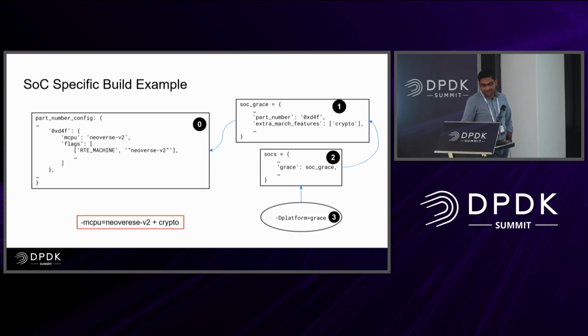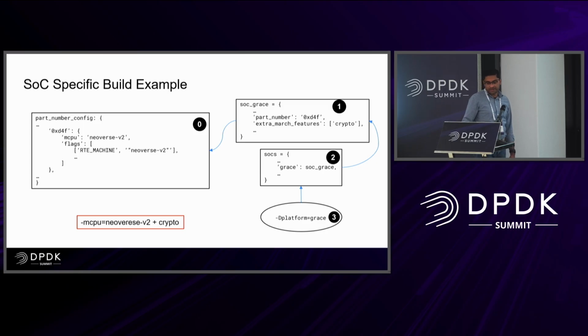It then refers to a part number definition in the part number config space, and it says that the mcpu you're supposed to use with this particular build is Neoverse V2. These flags you can ignore; they will be passed into the build as macros. But it also specifies some extra features that are unique to this particular SOC, in this case Grace.